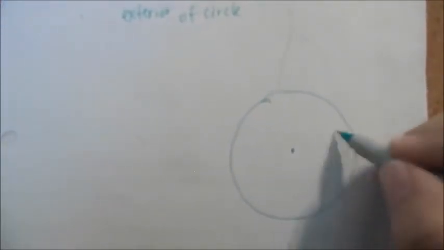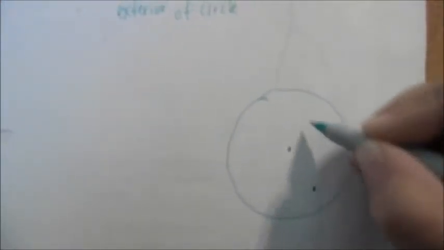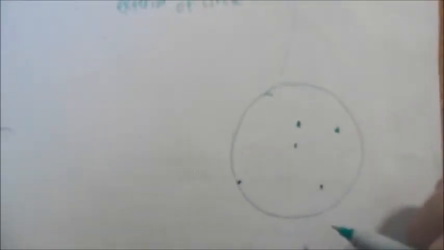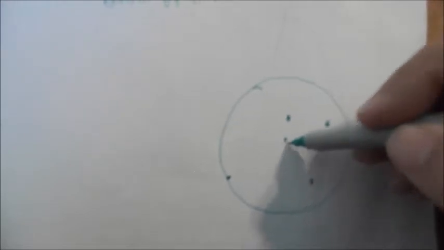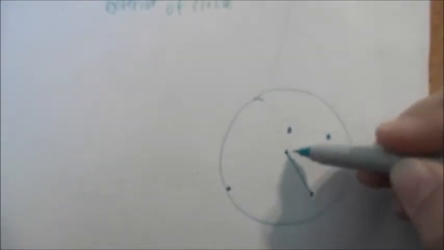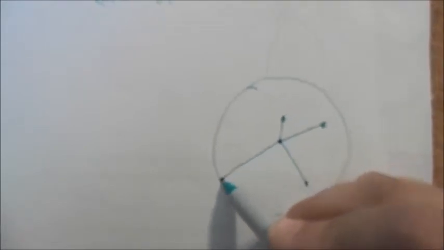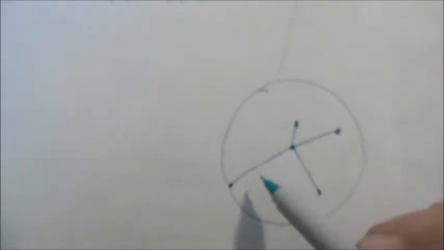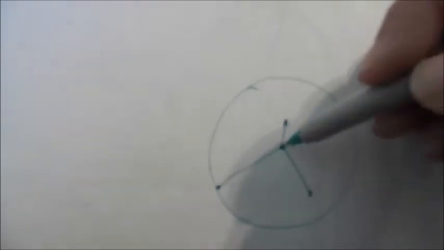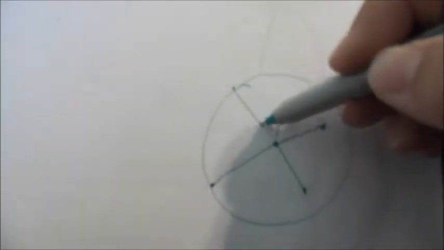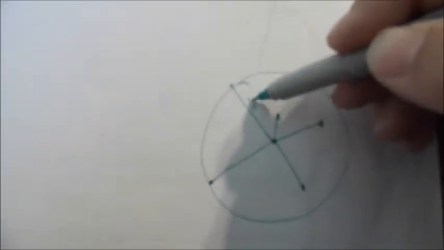But what you would say is that take any point that's inside. Let's take this one, this one, this one, this one. Okay, that's on the interior. And if you measure their distance from the center, okay, so let me just go and say that, how about the radius for this one is 10.